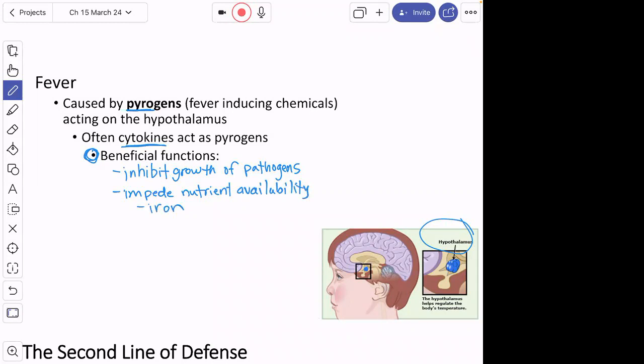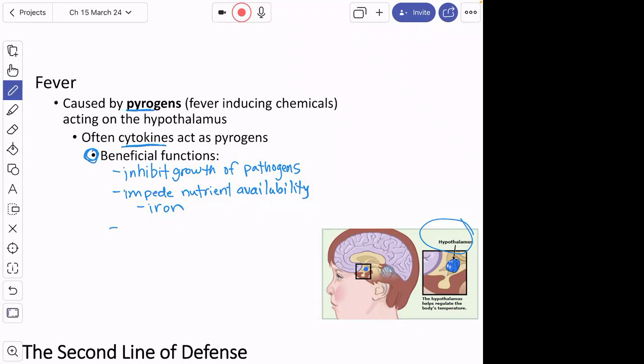So when our body temperature goes up a couple of degrees, that's a signal for lots of our cells to just kind of take up any available iron, and so it is not there for pathogens to utilize. So that can be a beneficial function of fever.